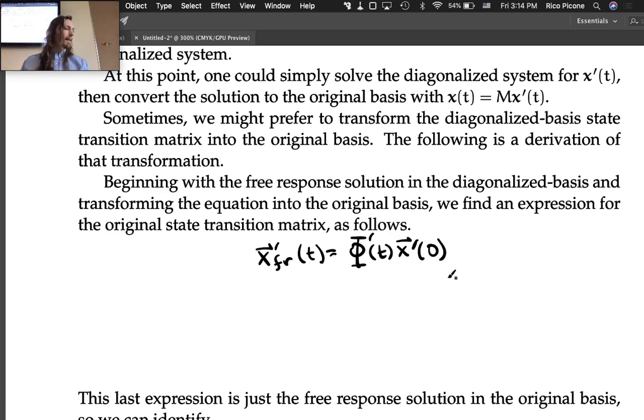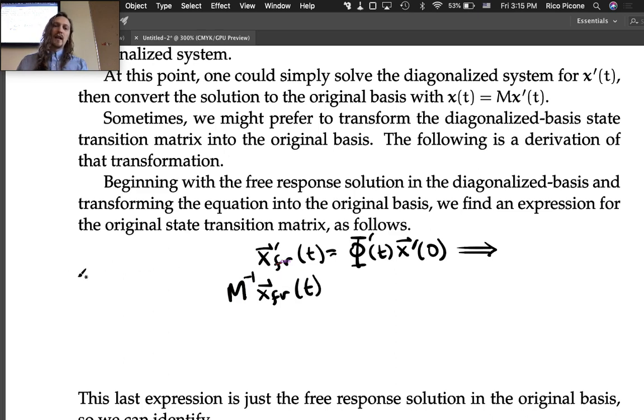Now let's transform each of these x primes into the unprimed x. Every time we go from an x primed to an unprimed one, we can use the transformation m inverse times x free of t.